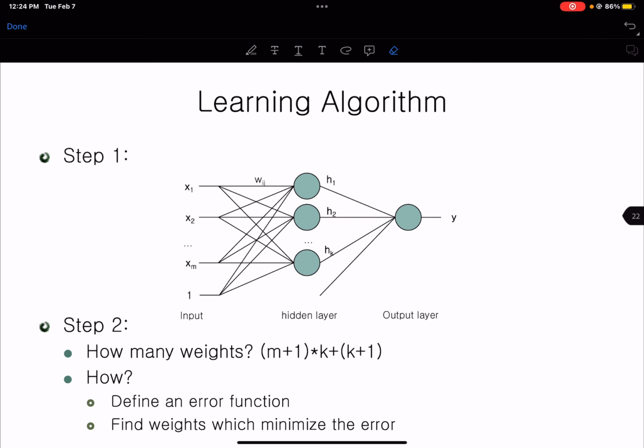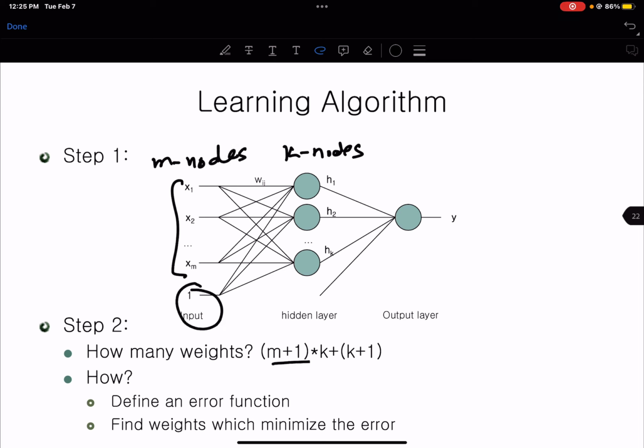That is machine learning. So how many weights do we require? If at one time we give features from x1 to xm as the input, and we have k nodes in the hidden layer, how many weights do we require? It is m plus 1, including the input w0, multiplied by k hidden nodes, because it is fully connected.